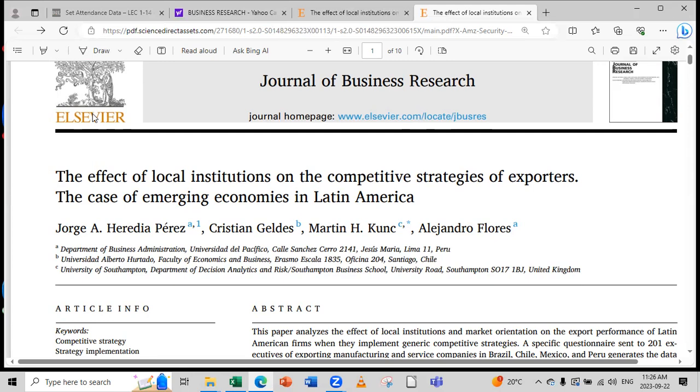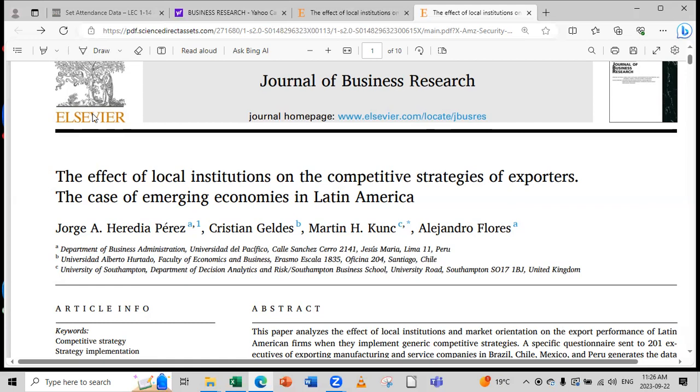Which one is affecting the other? The temperature is affecting the sales of the ice cream, but not the opposite. The temperature, we call it the independent variable. But the ice cream, we call it dependent. Why? Because it depends on the temperature. You guys got me?